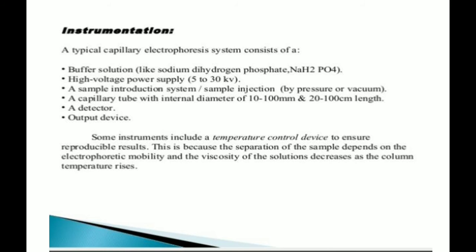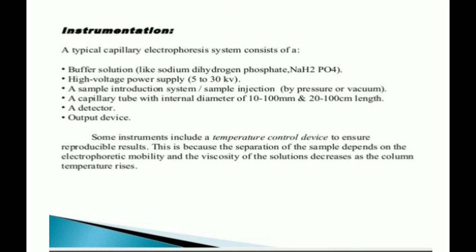For that you need sample injection, by pressure or by vacuum. Then a capillary tube with an internal diameter of 10 to 100 millimeter and 20 to 100 centimeter in length. Okay, then you need a detector and output device. These are the instrumentation parts.